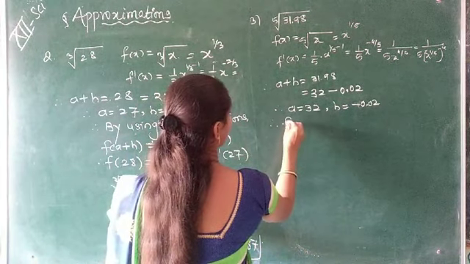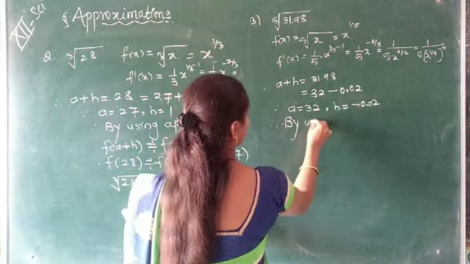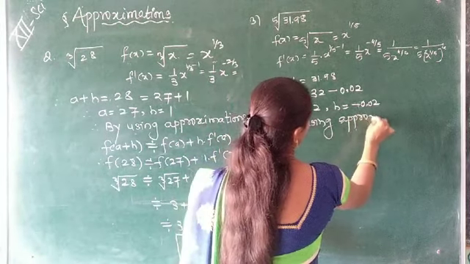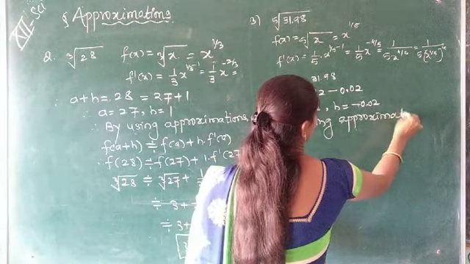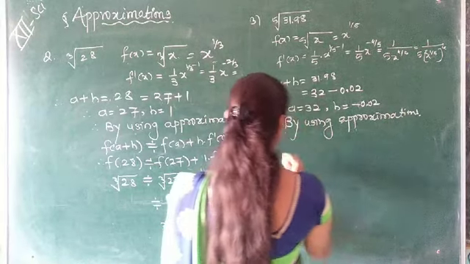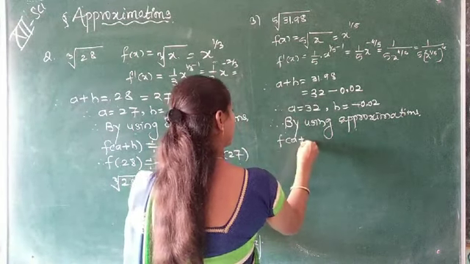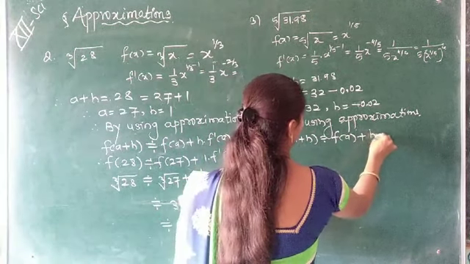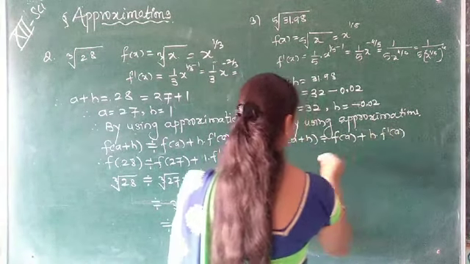Therefore by using approximations, formula for approximations, f of a plus h is approximately equal to f of a plus h into f dash of a.